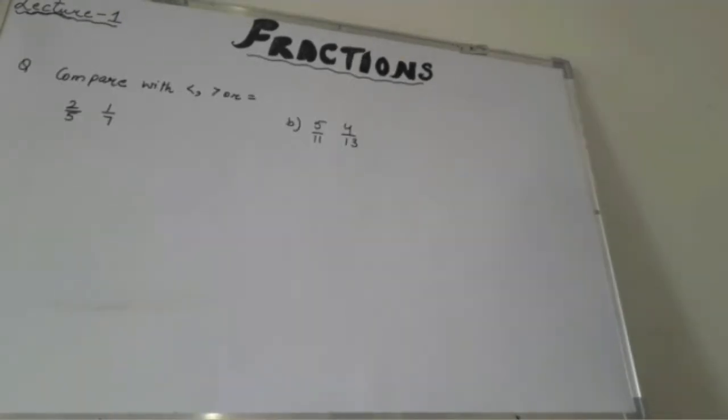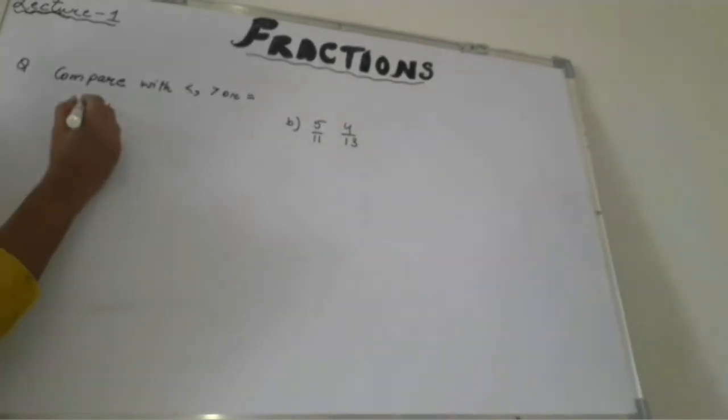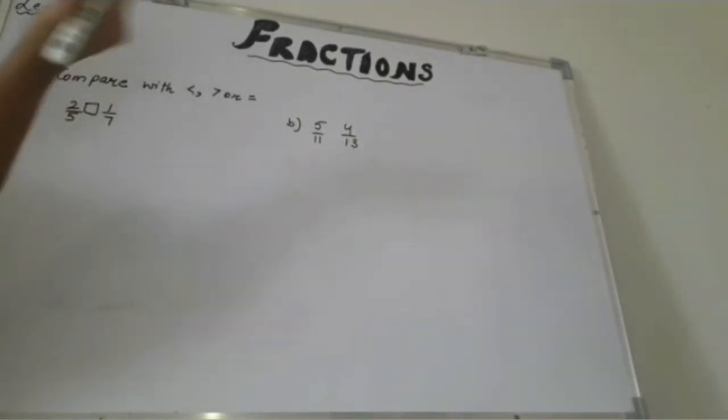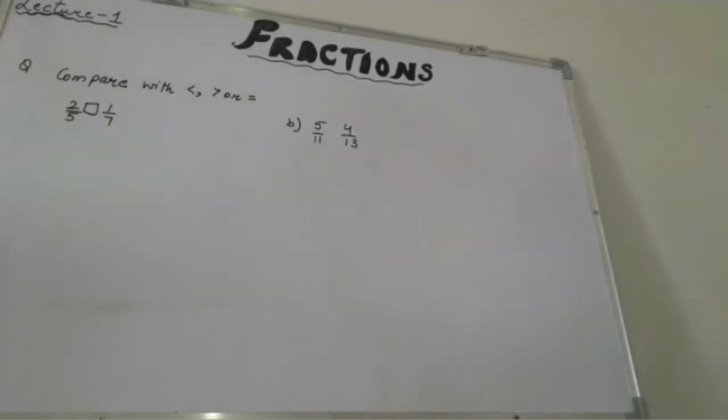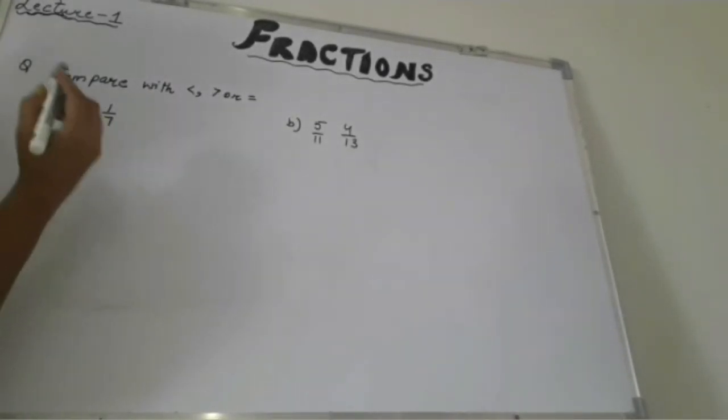Now let us move to another question, in which he says compare with less than, greater than or equals to signs. Right? That is, I have to put the sign in between them. My two fractions are 2 by 5 and 1 by 7. Students, for comparing, what you will do, you will just simply cross multiply them.